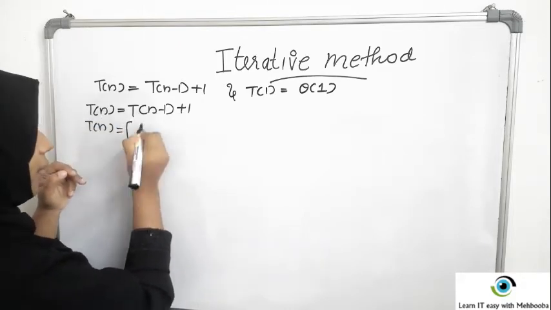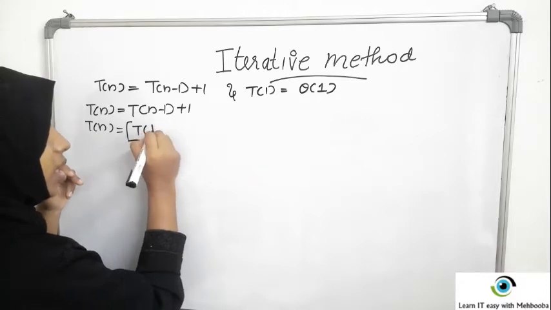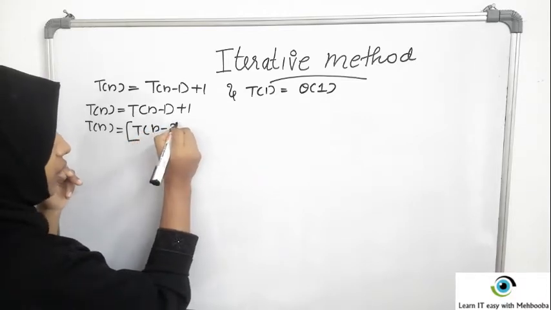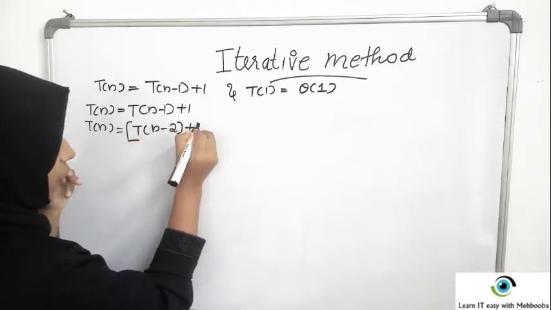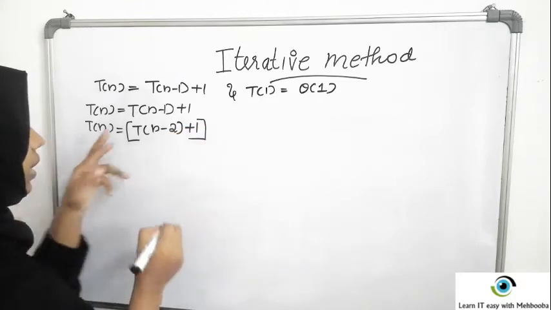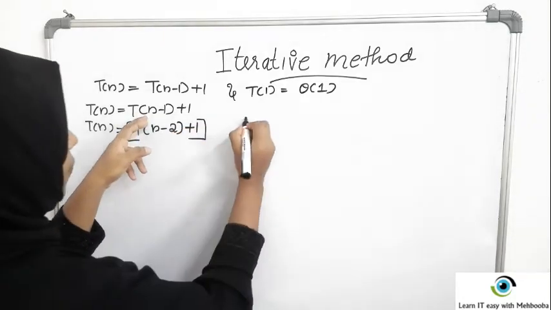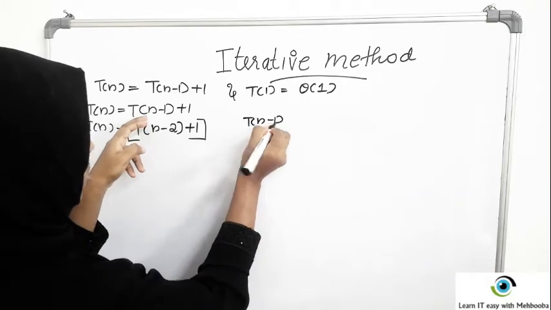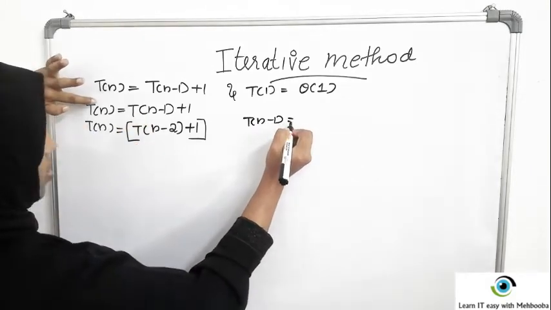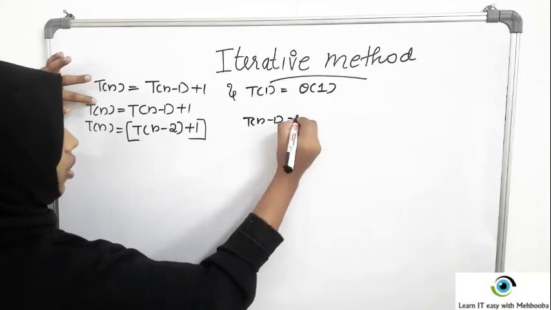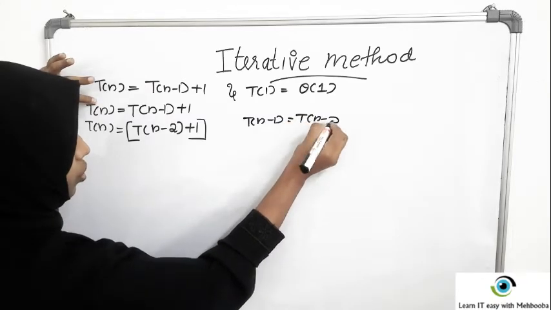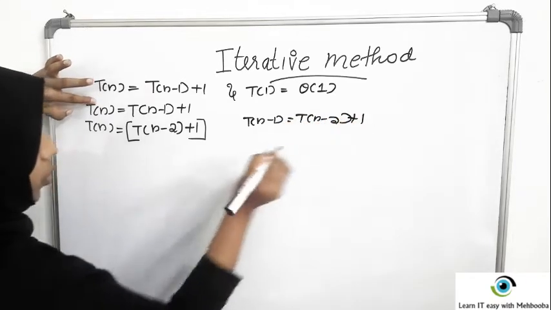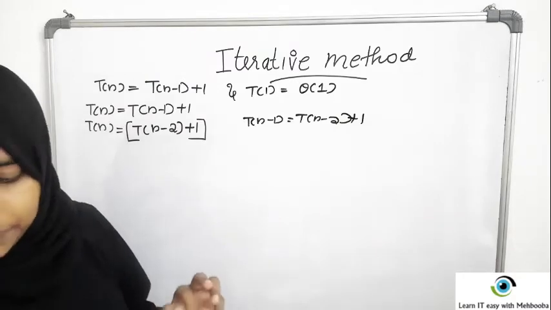So if it is t of n minus 1, that will definitely be t of n minus 2 plus 1. That is, t of n minus 1 is equal to t of n minus 2 plus this constant 1. So I have written that here.